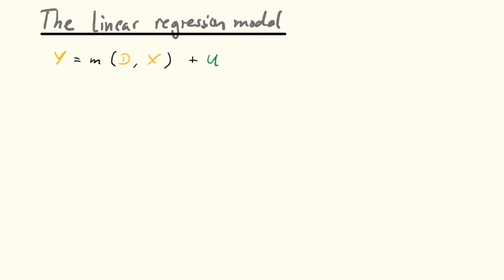Before introducing the linear regression model, I want to get back to something that I talked about earlier. I said that sometimes we want to control for an additional confounder other than x, and that we can do that by changing the definition of the m function slightly. Let's do this right now. We just add the additional confounder to our m function. There we go.